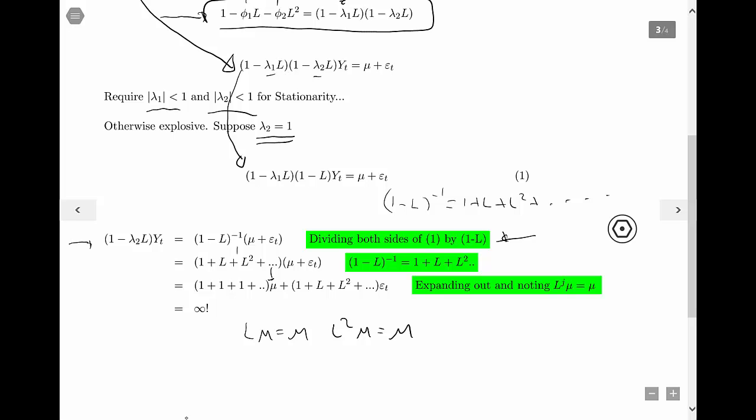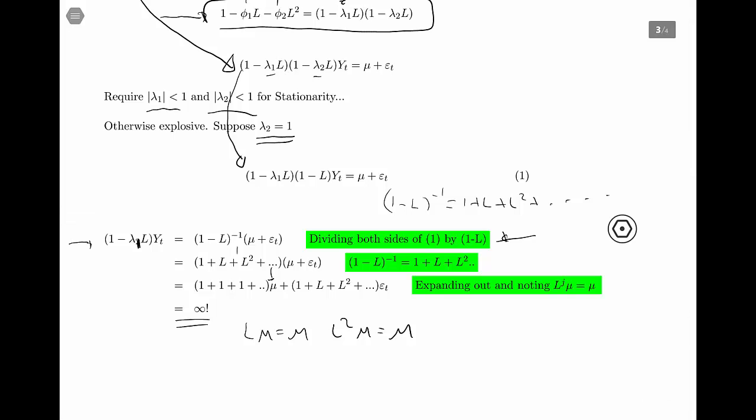So we're just going to get the sum of mu plus mu plus mu an infinite number of times, so we're going to get infinity. This would hold if lambda 1 was equal to 1. Sorry, this should be lambda 1 here, and again we get the same result.